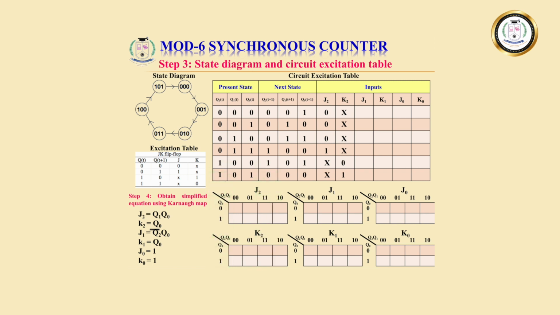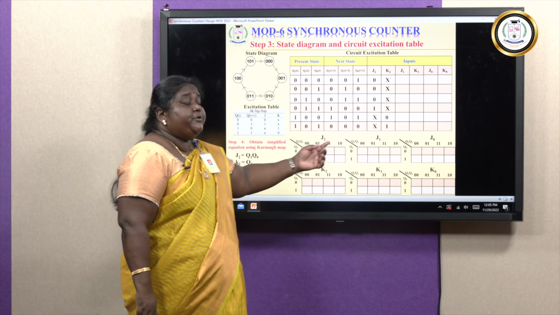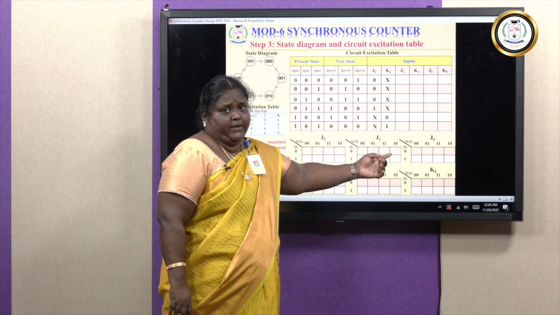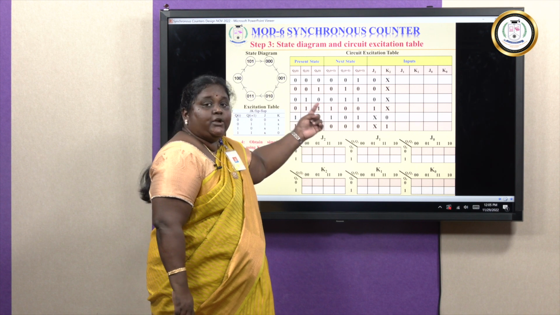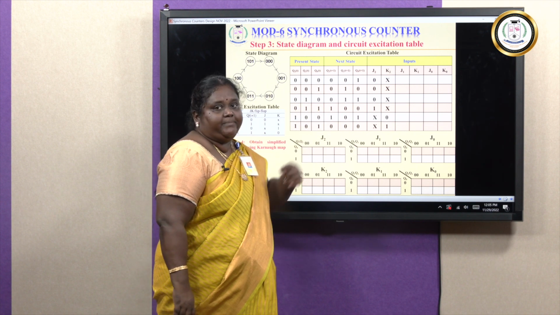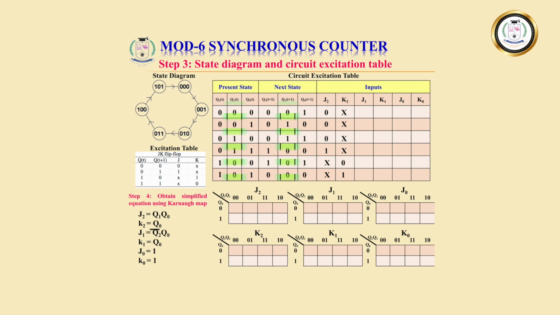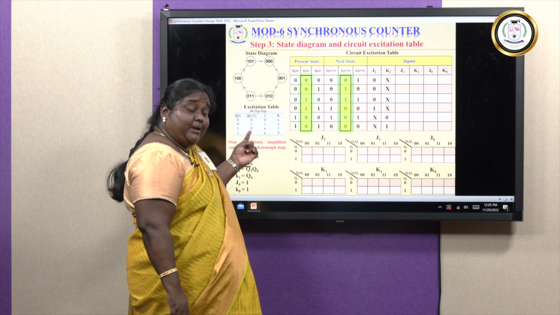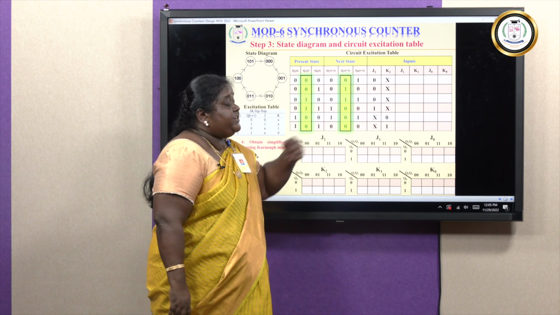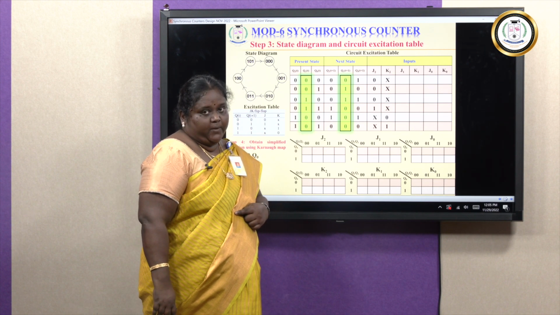So next step, we have to give the input combinations for J1 and K1 using the present state and next state Q1 of t and Q1 of t plus 1. So let us look at Q1 of t and Q1 of t plus 1 and look at the excitation table. With the help of the excitation table, let us try to fill J1 and K1.